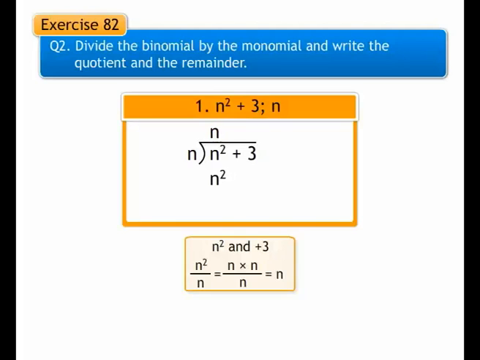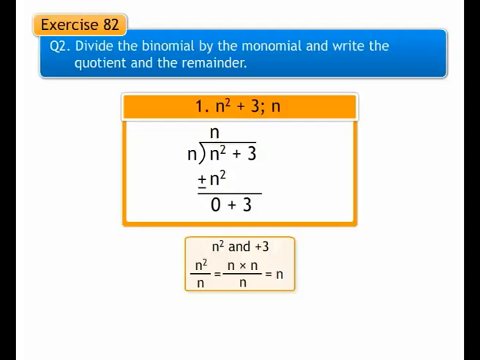As this n square has no sign, it means it is a positive monomial, and you all know that plus becomes minus and minus becomes plus when we carry out the subtraction. Hence, changing the signs of the polynomial written below the dividend and subtracting it from plus n square, we get 0.